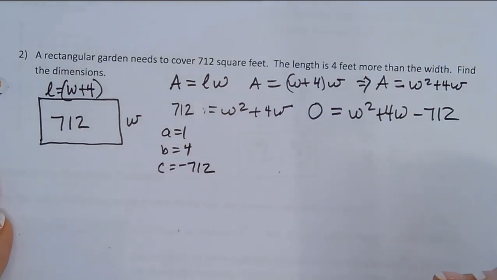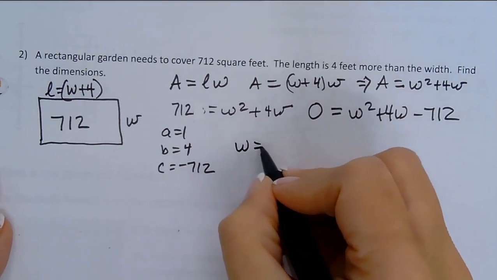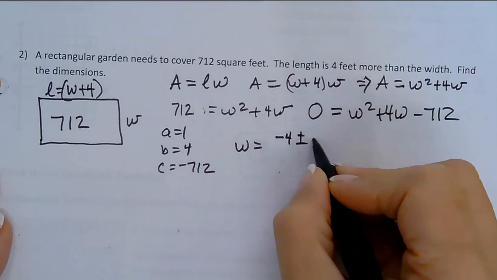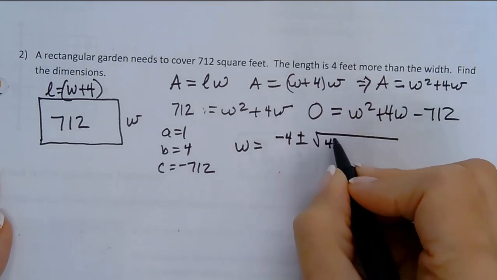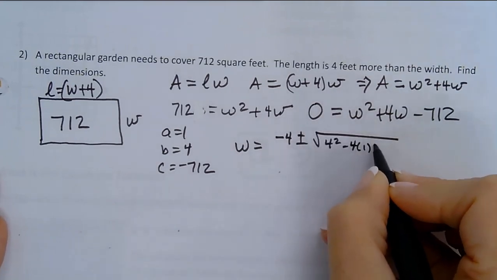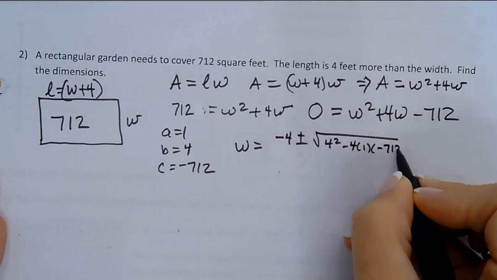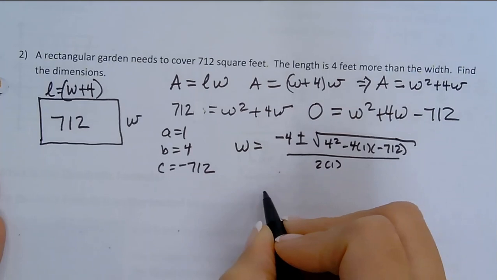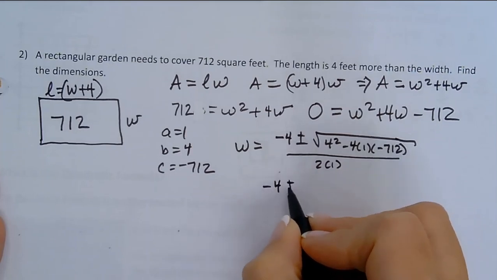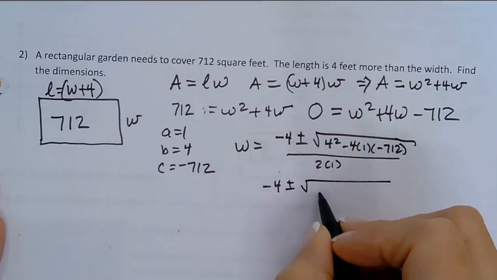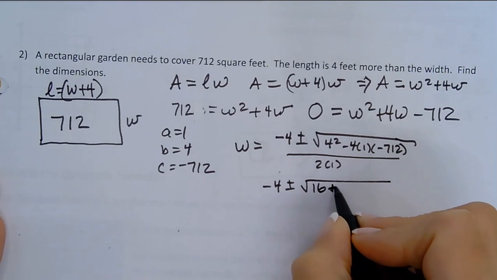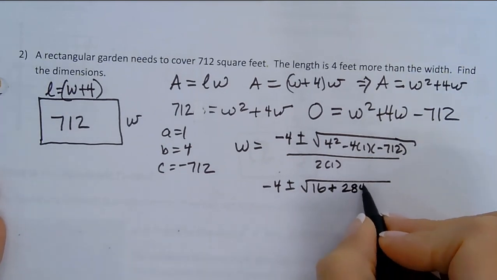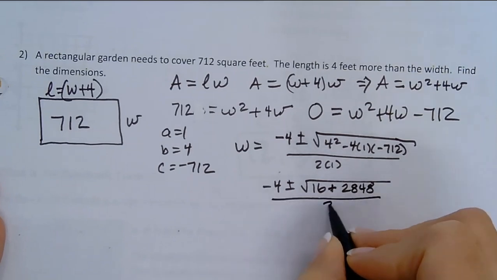So I'm not looking for X, I'm looking for W, so I'm going to say W equals negative B plus or minus the square root of B squared minus 4AC all over 2A. And so that means I have negative 4 plus or minus the square root of 16 plus 2848 all over 2.